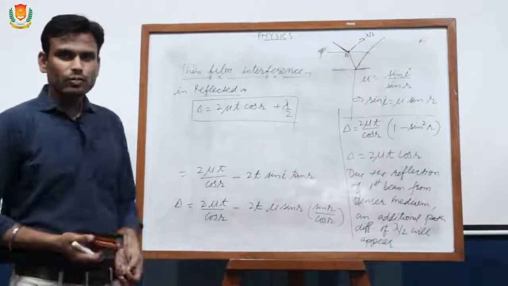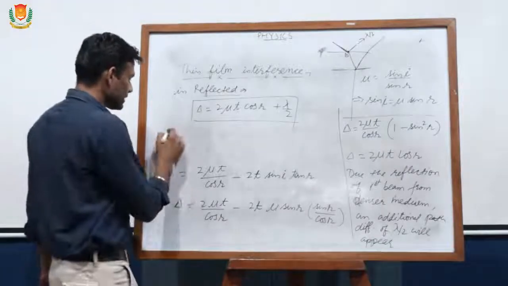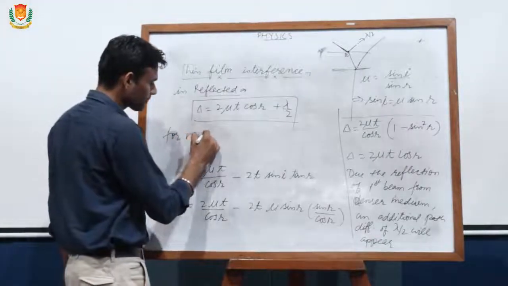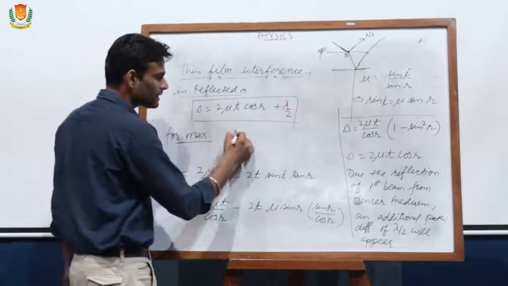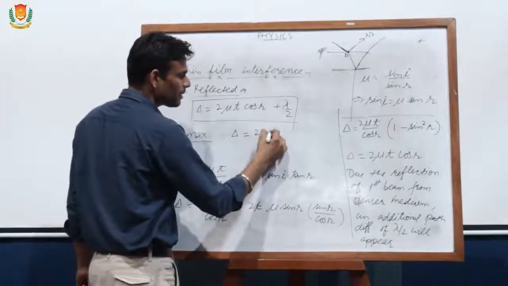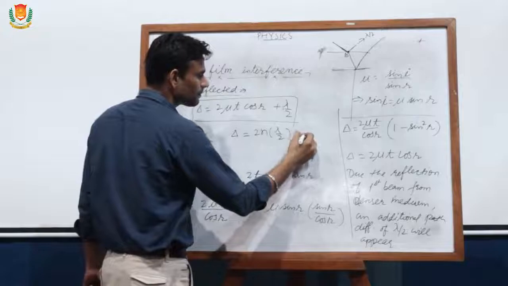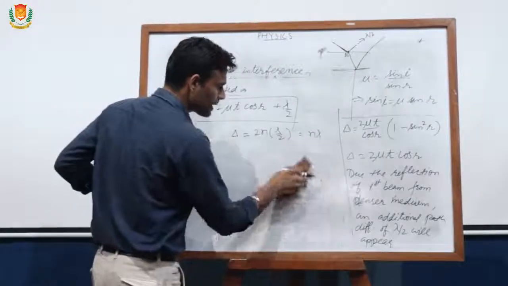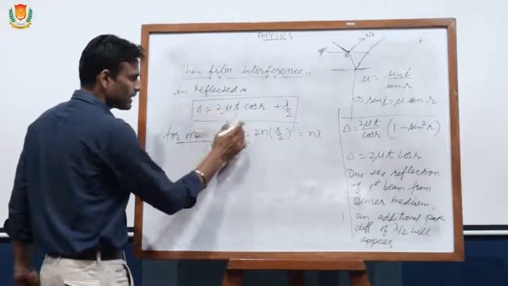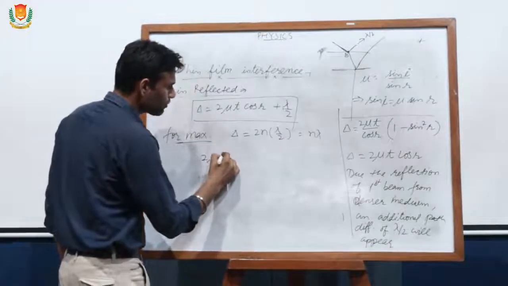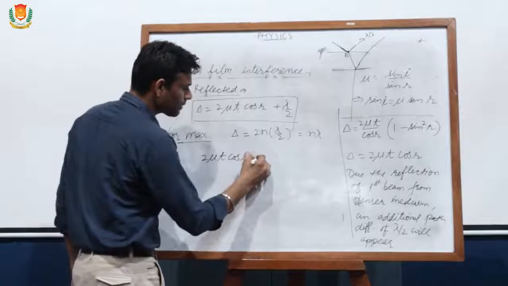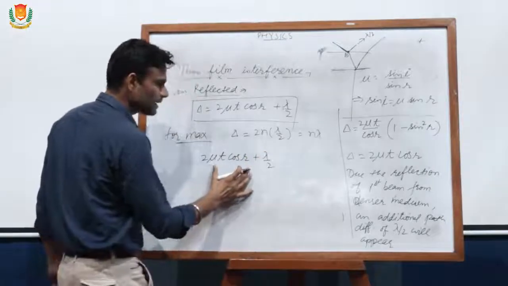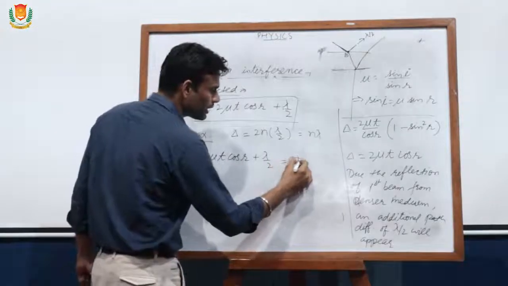We know the conditions of maxima and minima. For maxima, the path difference must be an even multiple of half wavelength, meaning n lambda. So the condition of maxima will be: what is the value of delta here? 2 mu t cos r plus lambda by 2. This is delta and it must be equal to n lambda.